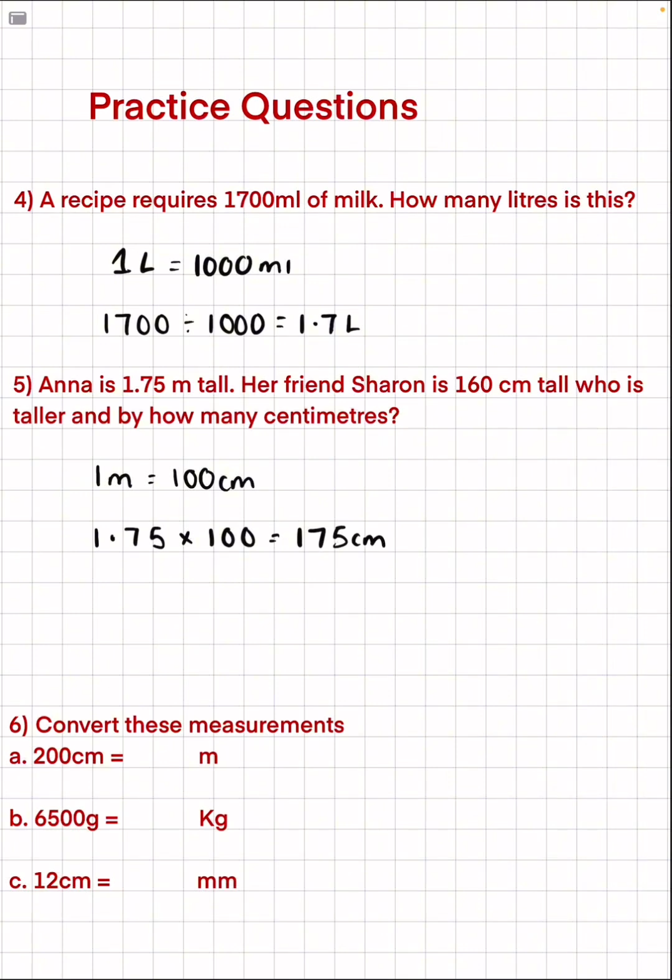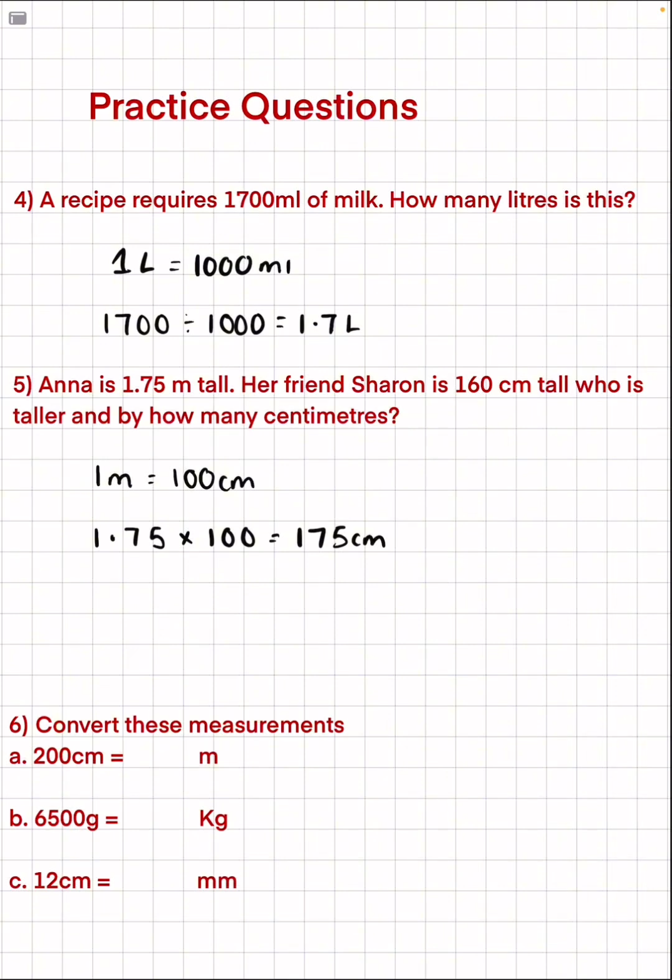Now we have both measurements in the same units, we can compare the numbers. Sharon is 160 centimeters tall and Anna is 175 centimeters tall. So Anna is taller than Sharon. The question is also asking by how many centimeters.